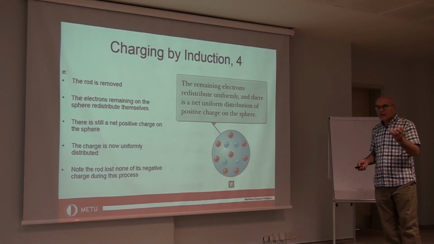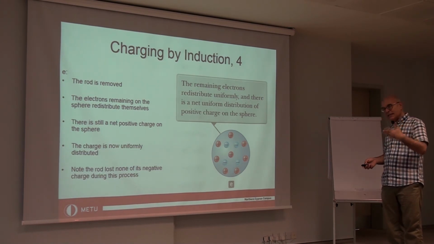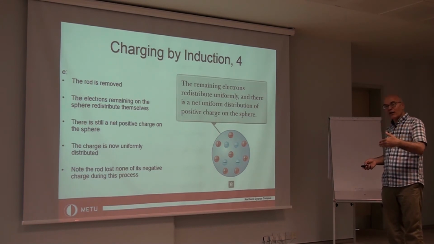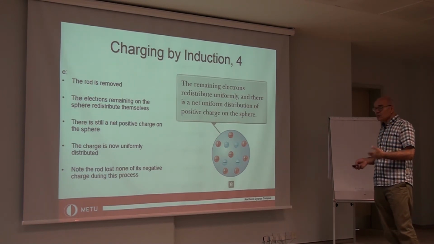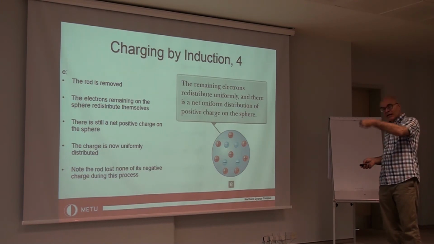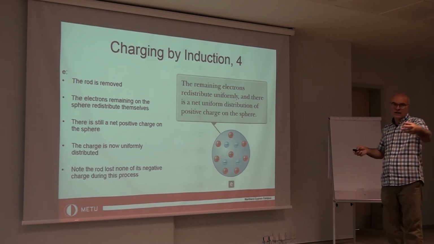Now, try to follow the same steps and see how you can charge by induction a neutral sphere with a negative charge by bringing in a positively charged object, like a glass rod, for example.